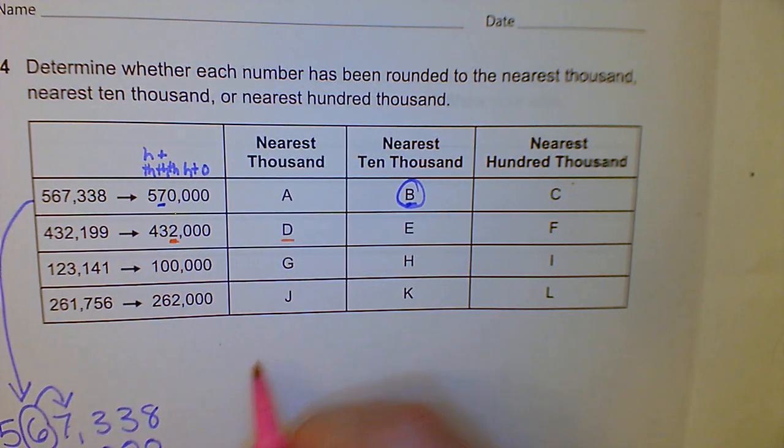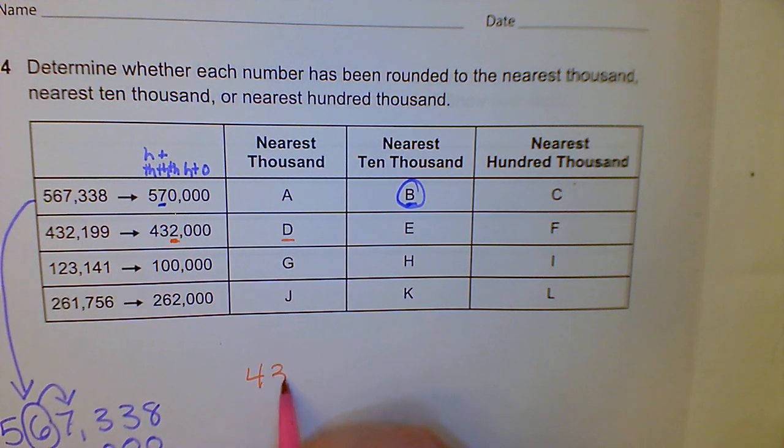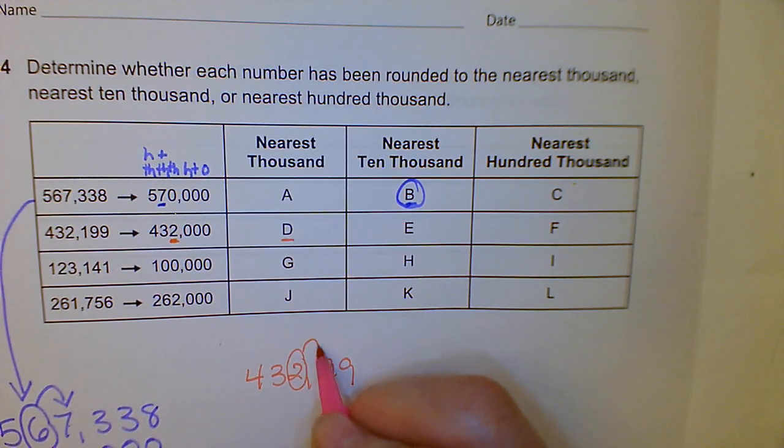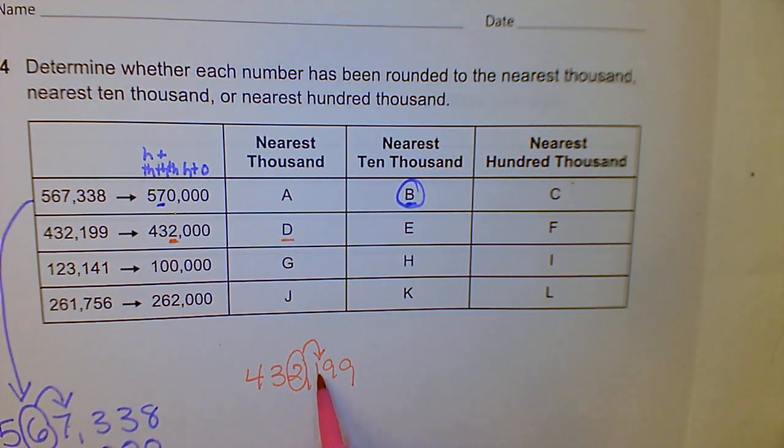So I'm going to take that number, 432,199, and I'm going to round it to the nearest 1,000. So I'm going to circle that 1,000, look next door. 1 is definitely in the 4 or less group. So 4 or less, let it rest. So I'm going to let that 2 rest. I'm not going to change it. Everything to the left stays the same, and everything to the right becomes a 0.